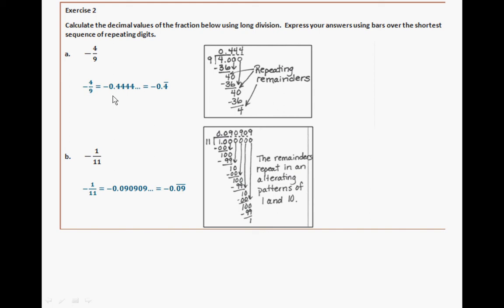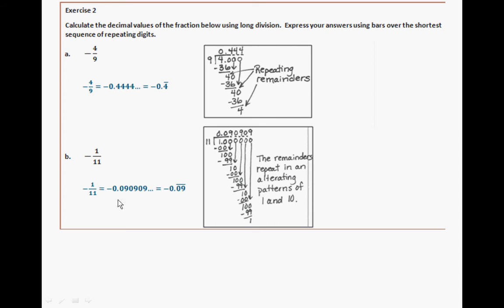If we know that the repeating decimal place is going to be 4 repeating, you don't have to go on past maybe the 3rd time to know that it's not going to change. That means the 4 is the only digit that will repeat, so we're going to put the bar over the 4. Now again, do not forget, this is a negative, so don't forget the negative in your answer.